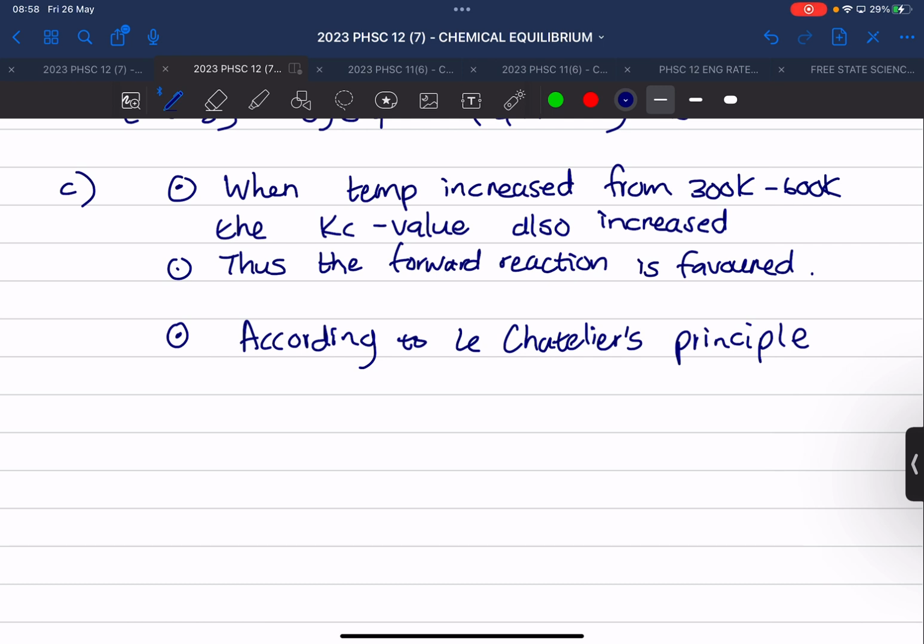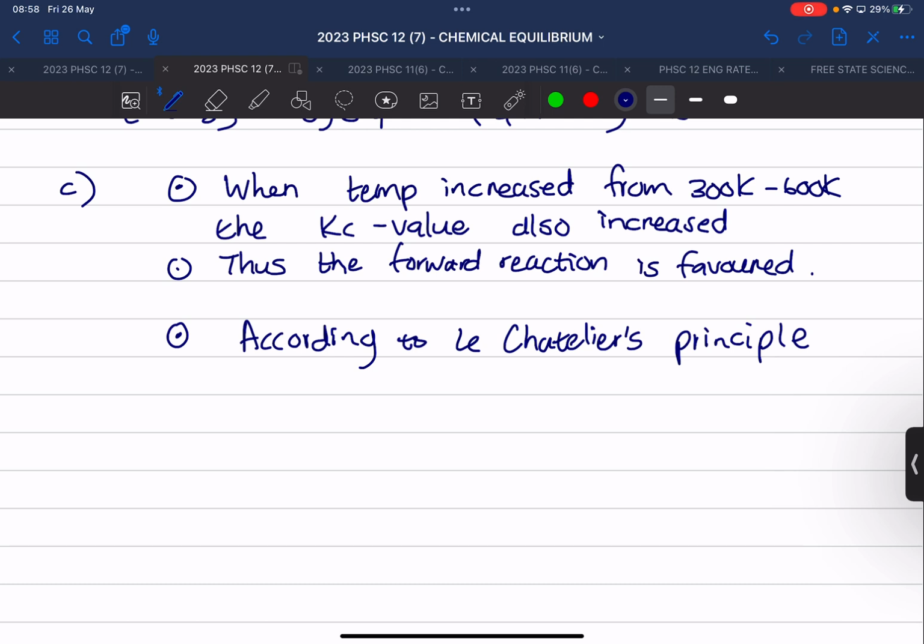Then an increase in temperature favors endothermic because the forward reaction is. No, you're going to get 3 out of the 4 marks because you didn't say an increase in temperature. You said it will favor the endothermic reaction, but you didn't say forward.